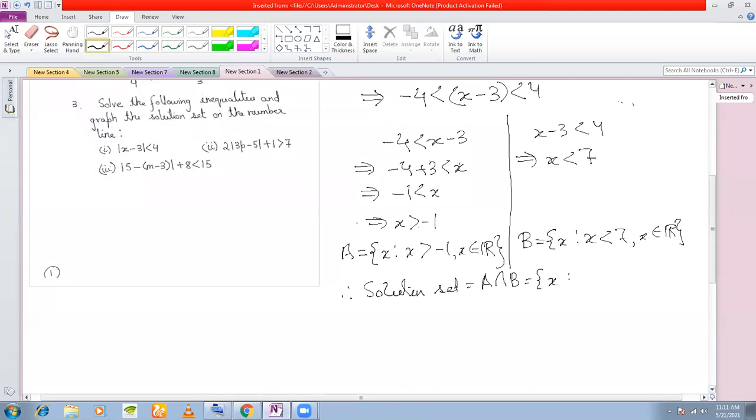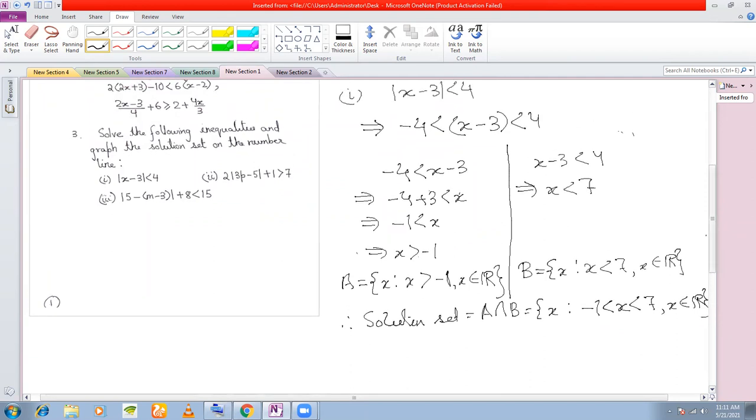X such that x is greater than minus 1 and x is less than 7. That means x must lie between minus 1 and 7. Clear? This is how we solve this inequality. We proceed with the next one.